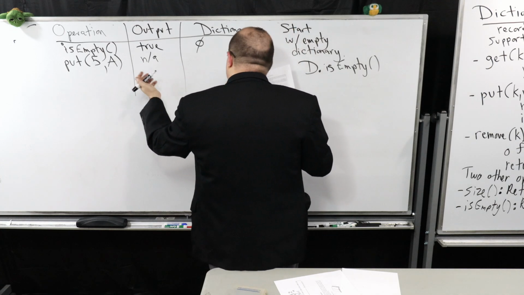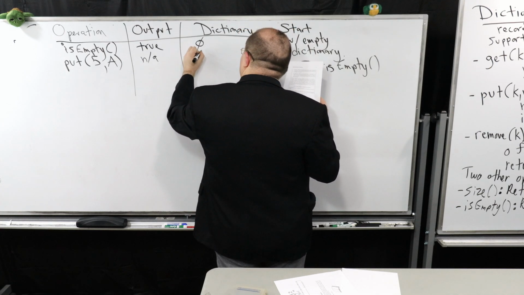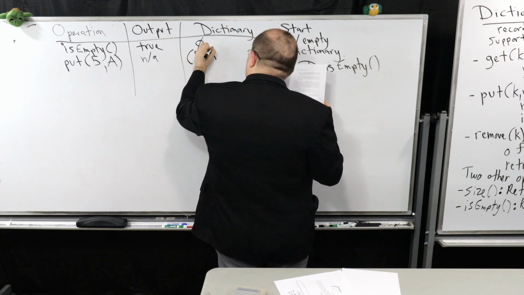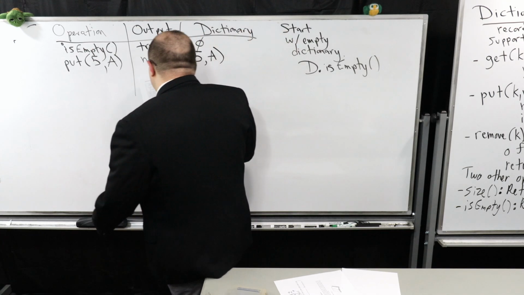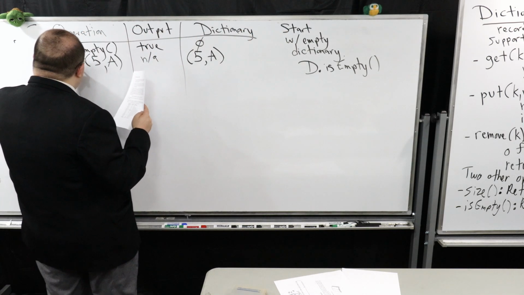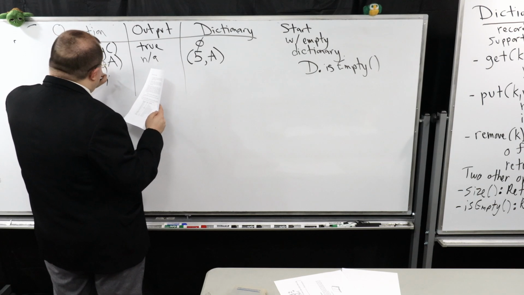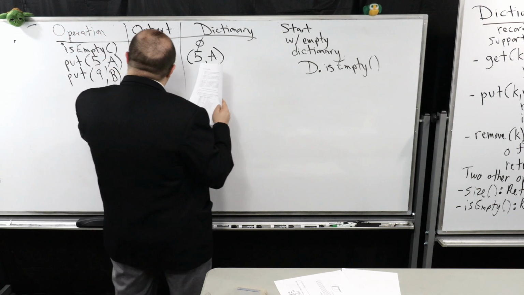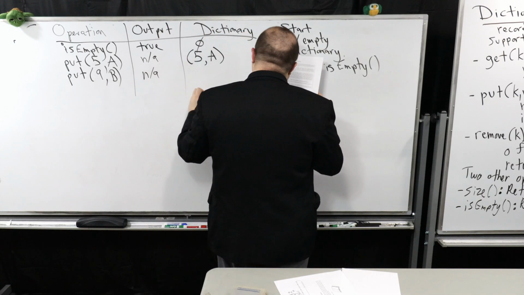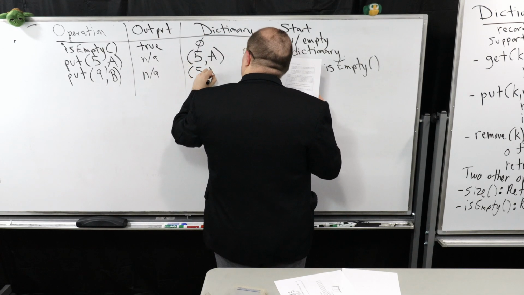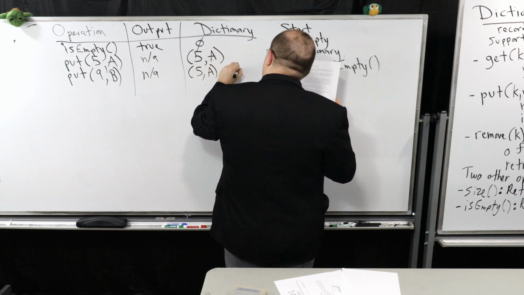It's just going to put this right into here. So I put my record in with 5 and A, like this. I could put another record in. Suppose I have one with key 9 and its data is B. This isn't going to output anything. So I have 5 and A, and I have 9 and B.